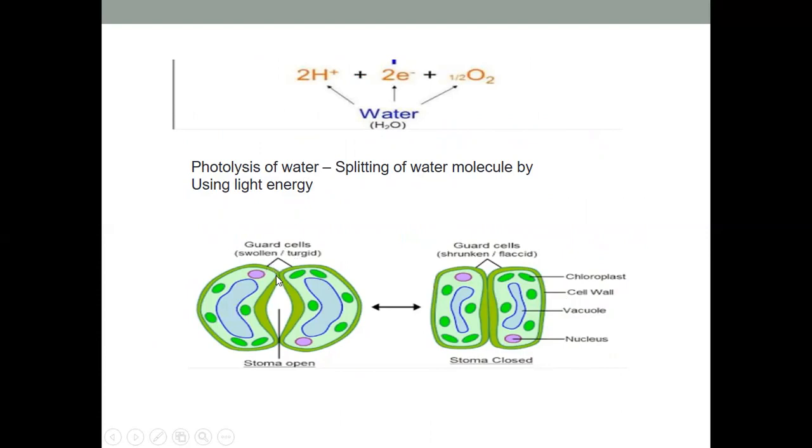The stomata gets opened like this. Here this is the opening, and when they are shrunken or flaccid, this opening is closed. And here you can observe the splitting of the water molecule. What happens exactly? Two hydrogen atoms are there, two electrons are there, and one nascent oxygen is there.